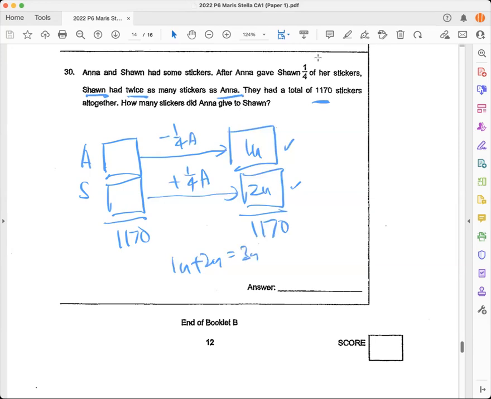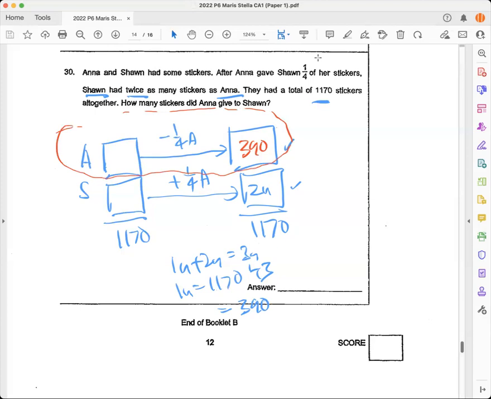So 1 unit will be 1170 divided by 3, and you get 390. So this is 390. Look at Anna, just Anna.